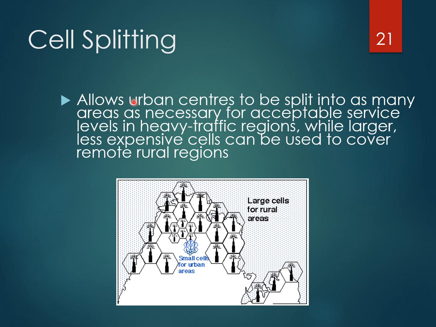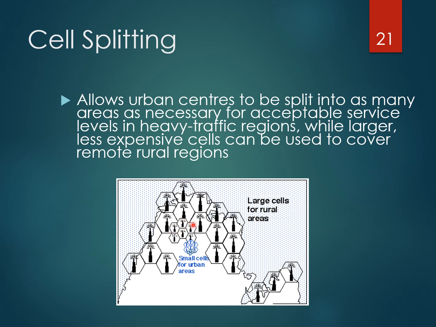Normally, we use this concept in urban centers, to be split into as many areas as necessary for acceptable service levels in heavy traffic regions, while larger, less expensive cells can be used to cover remote rural regions. You can see the cellular region here. Within the cellular region, again you are subdividing the cell.